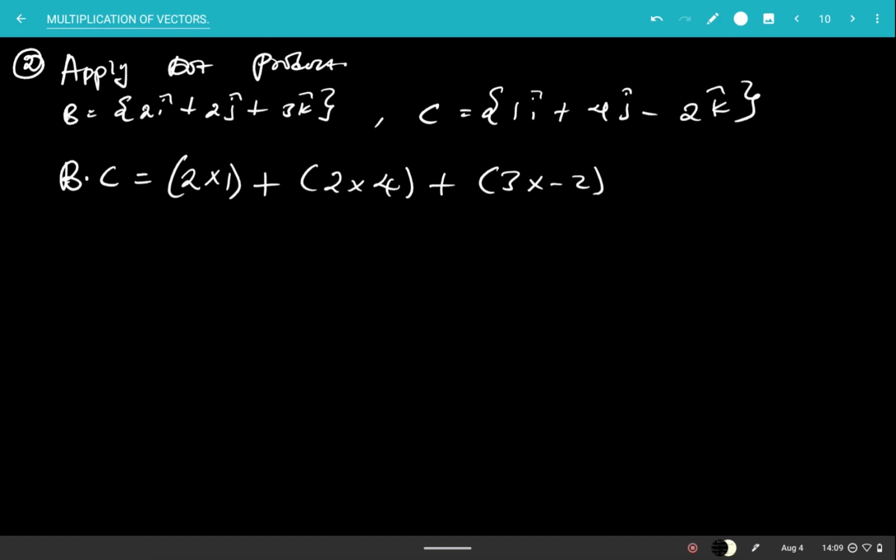So B dotted with C is 2 plus 8 minus 6, which gives you 4.